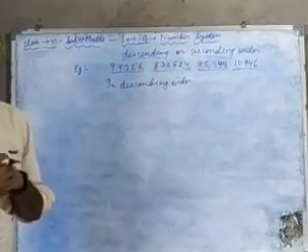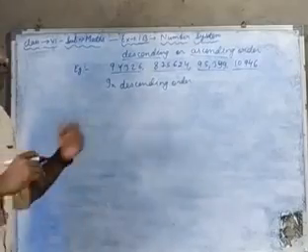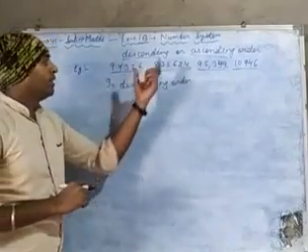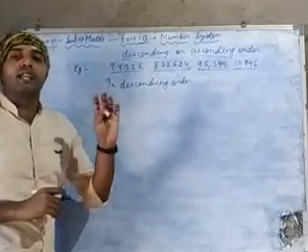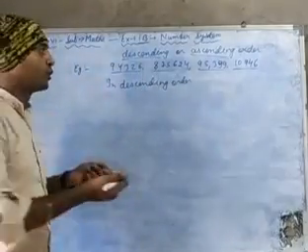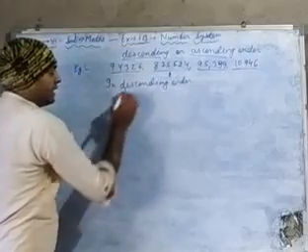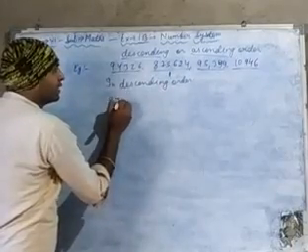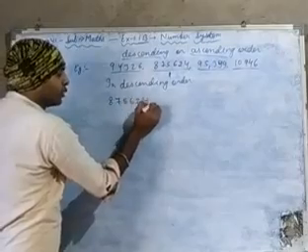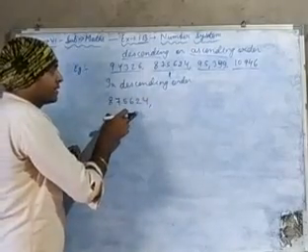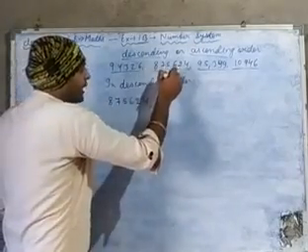So which one is the largest one? The number which has the largest number of digits is the largest number. So first one, this, 8, 7, 5, 6, 2, 4. This is the largest number.